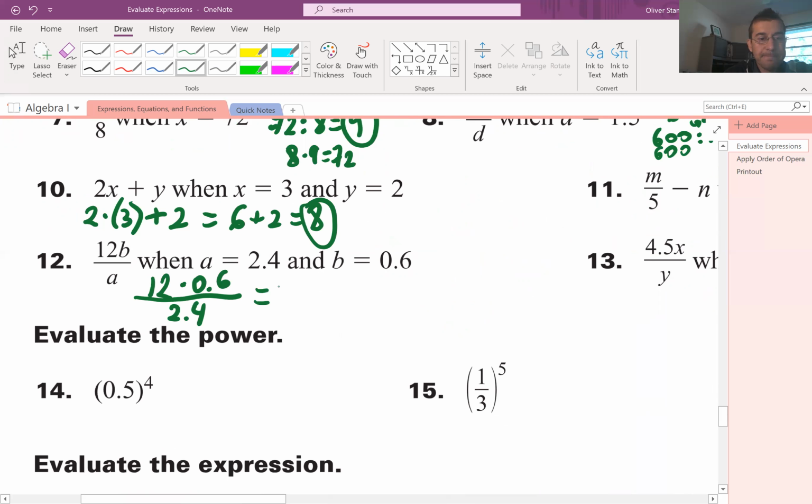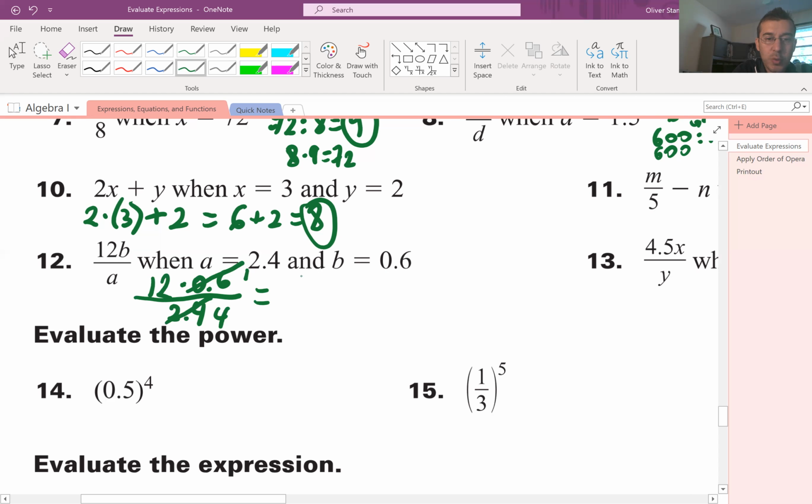So now 0.6 and 2.4 we can cancel out, okay? Because we know that 4 times 6 is 24, right? So we can cancel by 0.6. So 0.6 divided by 0.6 is 1. And then 2.4 divided by 0.6 is 4. Because 4 times 0.6 is 2.4.